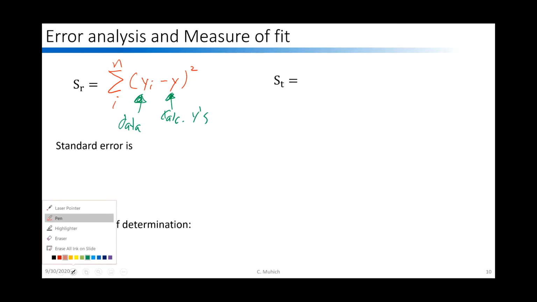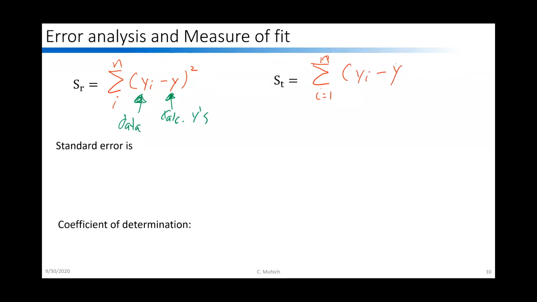And then just to go back and remind ourselves, my variance in the data is still my sum over each data point, where I look at how much each data point y differs from the average value of y, squared.